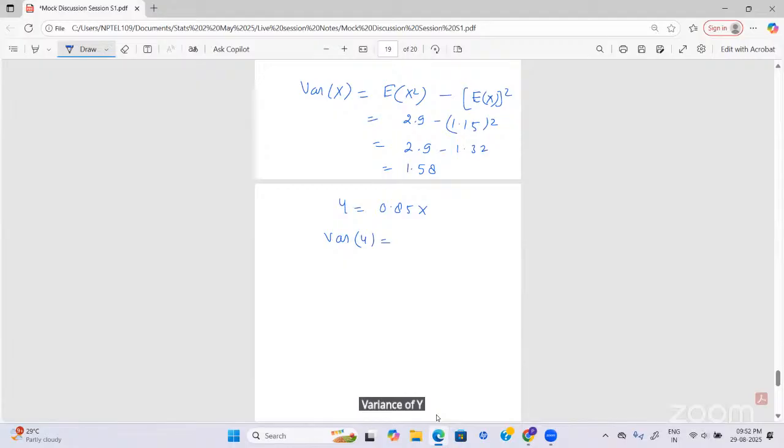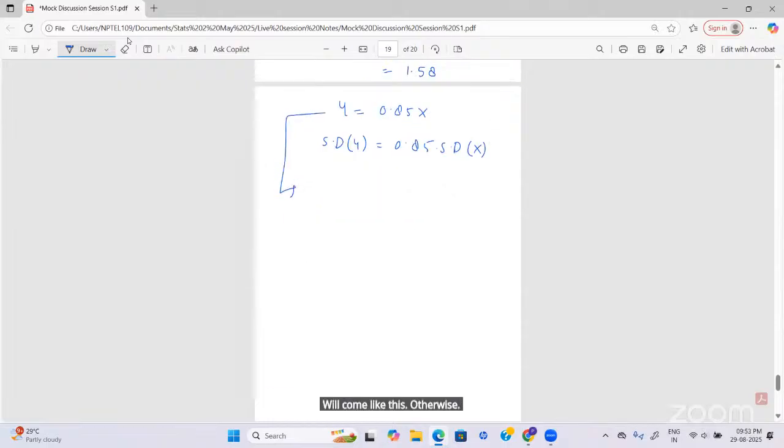Ma'am, can you repeat what you said? We know the properties, the standard deviation of Y will come like this. Otherwise, just go with the basics.